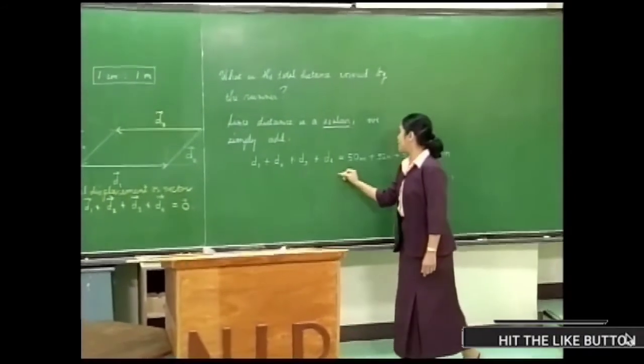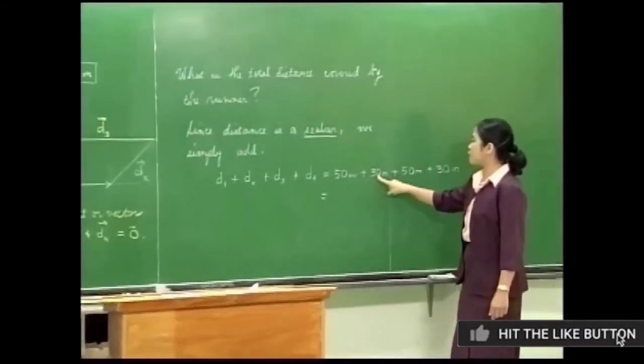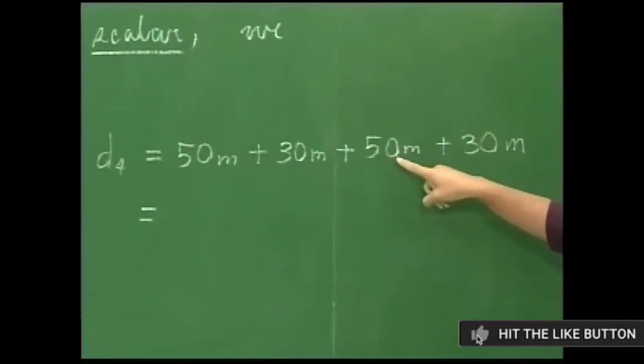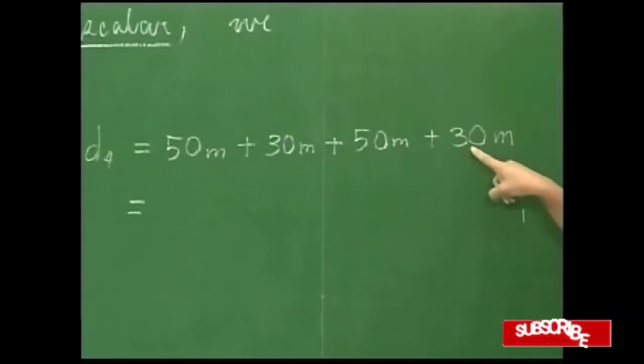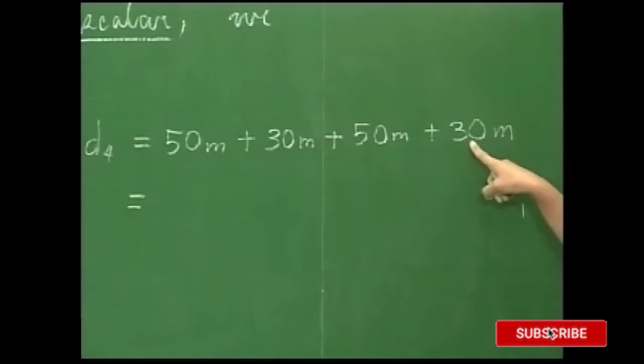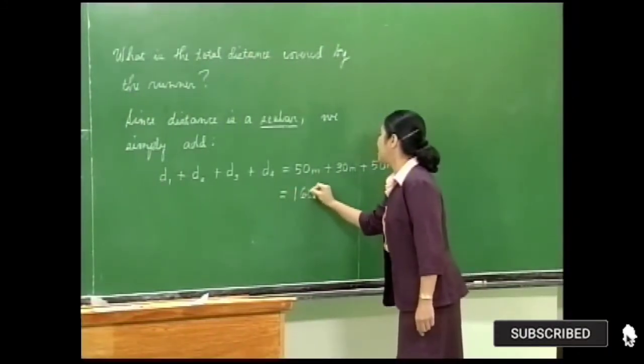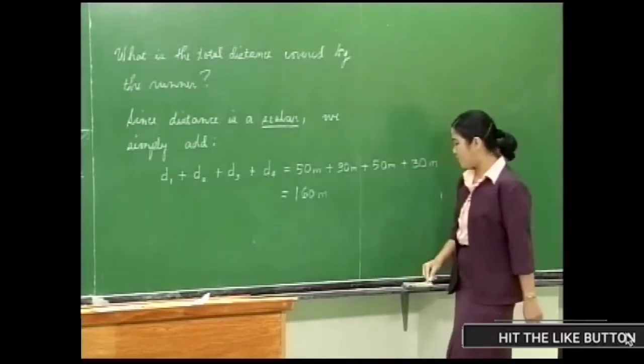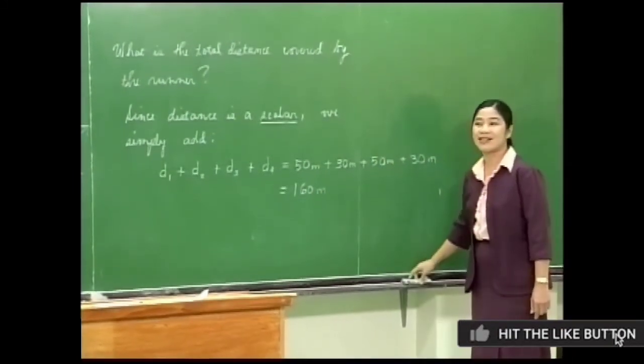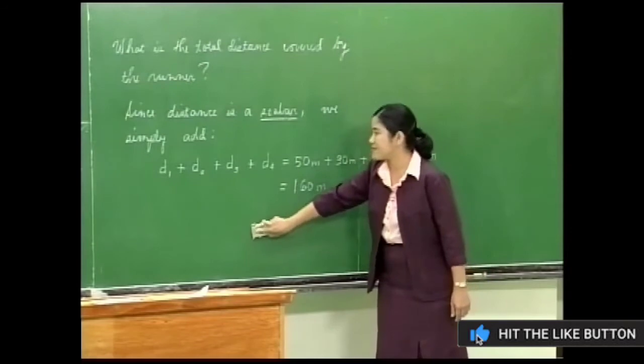You simply add: 50 plus 30 is 80, plus 50 is 130, plus 30 is 160. So 160 meters would be the total distance traveled.